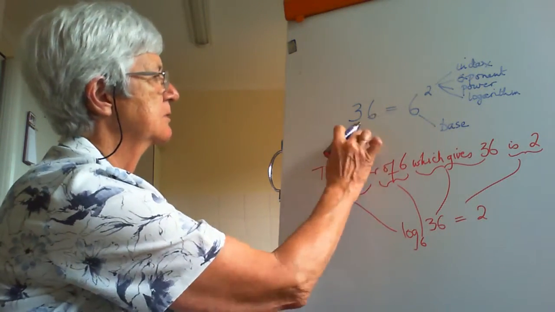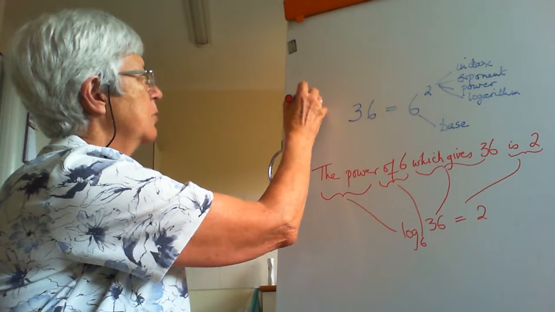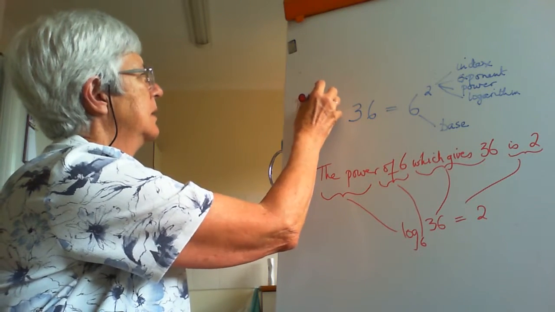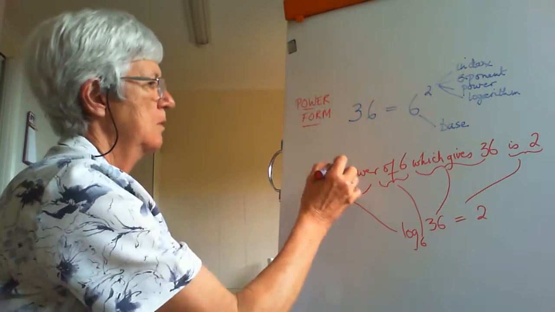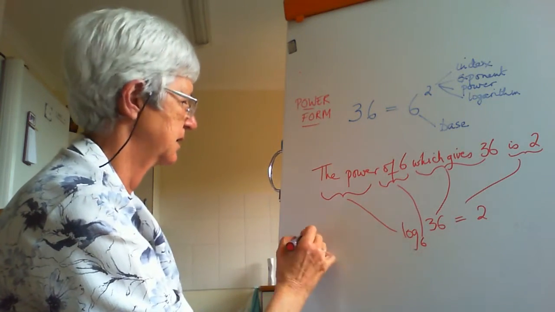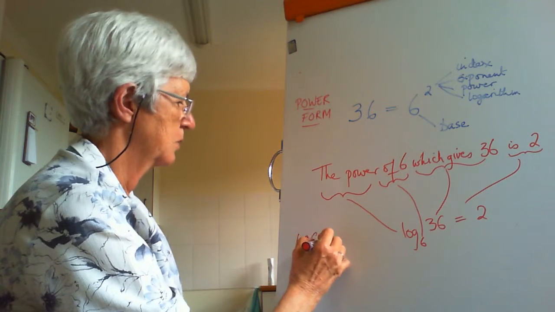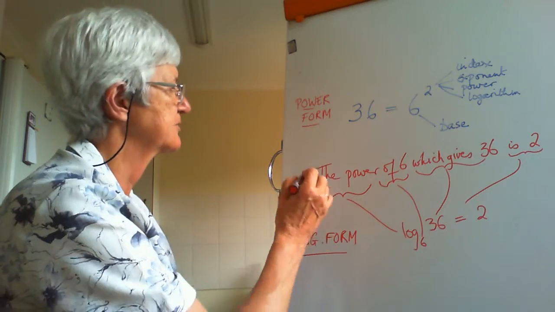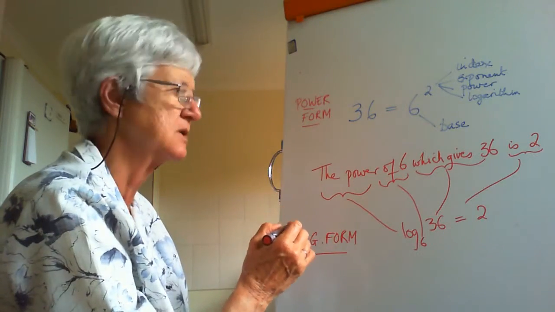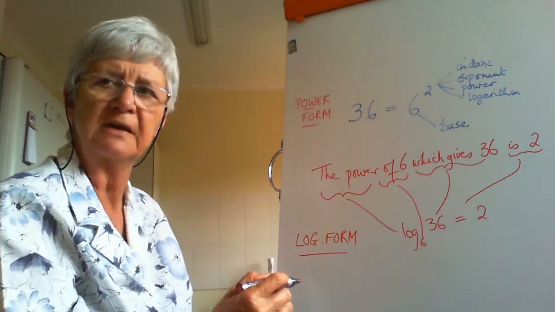Please note that this original statement there is in what we call power form, whereas this one here is in the logarithmic form, or log form. They're different forms of the same statement. They both tell us the same fact.